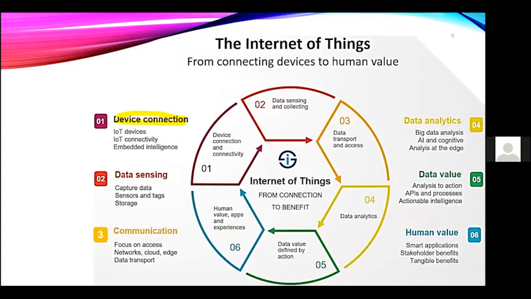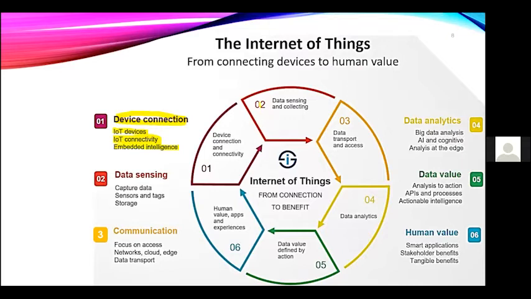Device connection and connectivity involves the study and the innovations involved in IoT devices, along with data communicating networks and protocols involved in it. Then embedded intelligence. Embedded intelligence means how efficiently we can transform these requirements onto our chips.